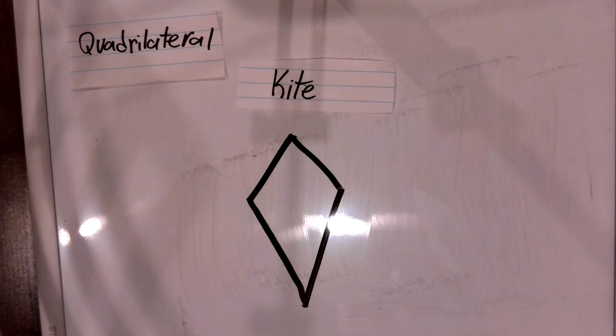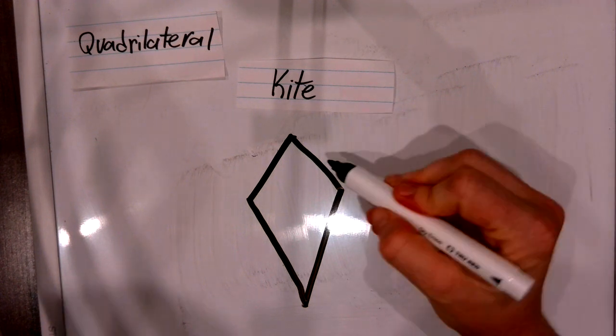A kite is a two-dimensional, four-sided quadrilateral. So if it has four sides, it's going to be a quadrilateral. It has two pairs of equal length, so congruent sides. These sides are going to be adjacent to each other.